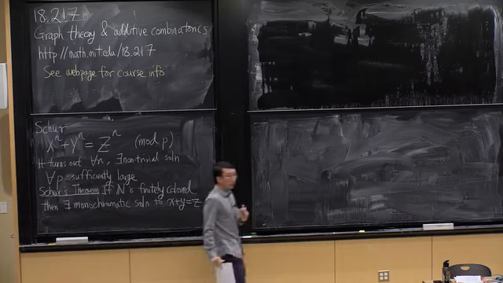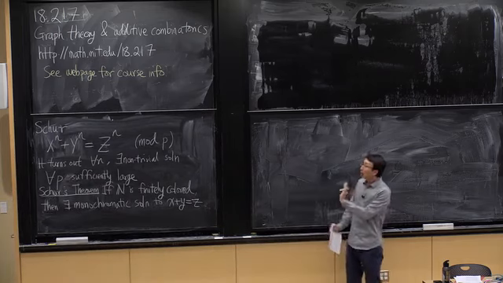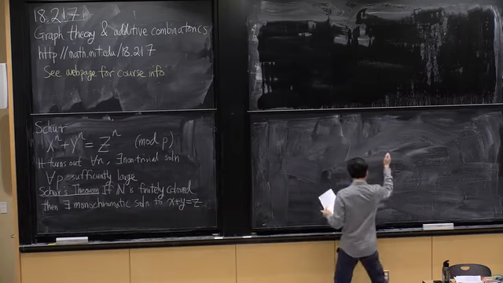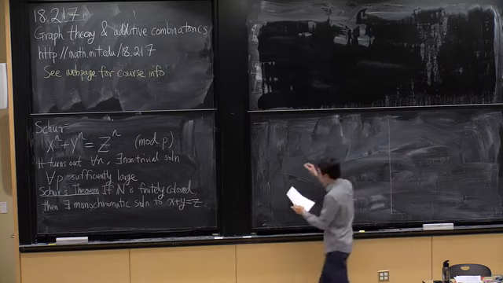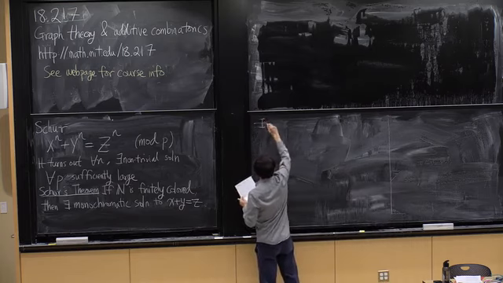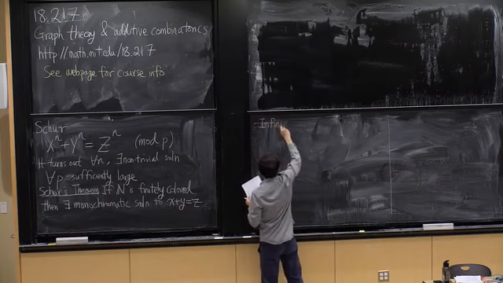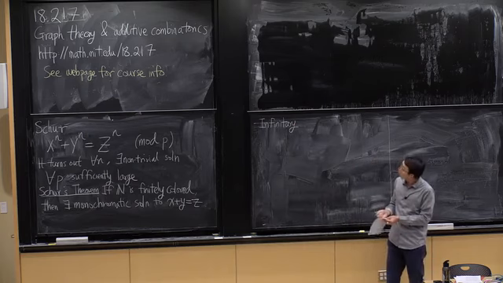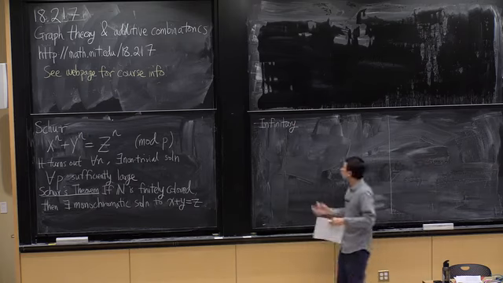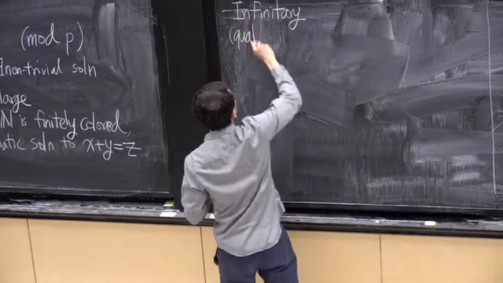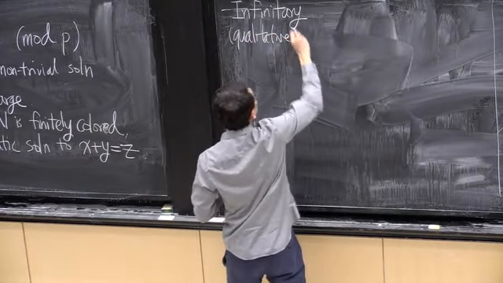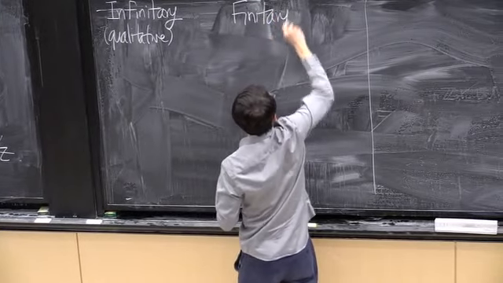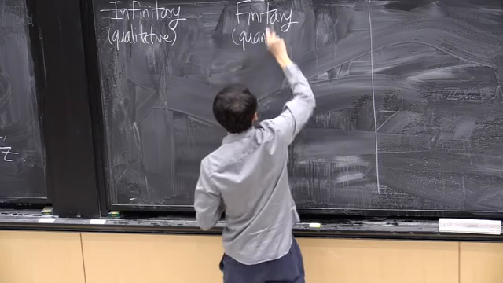Now, this is a perfectly understandable statement, but let me rephrase it in a somewhat different way. This gets to a point that I want to discuss, where many statements in additive combinatorics, or just combinatorics in general, have different formulations. One comes in an infinitary form, which is more qualitative, so to speak, and another form that is known as finitary, and that's more quantitative in nature.